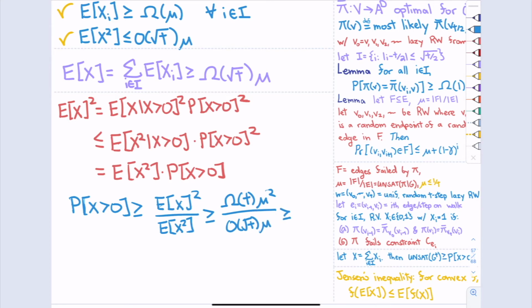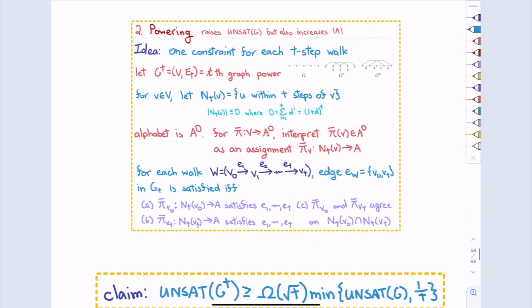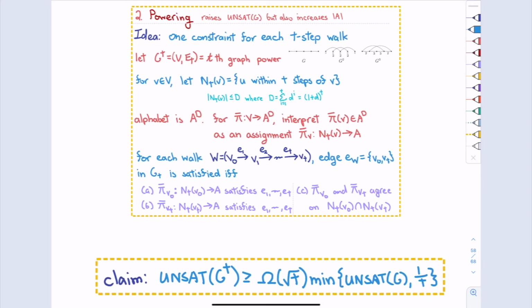So this will give us square root t. Let me do it down below. This will give us square root t mu, as desired. Okay, good. So that covers that. And now we move on to the next steps.